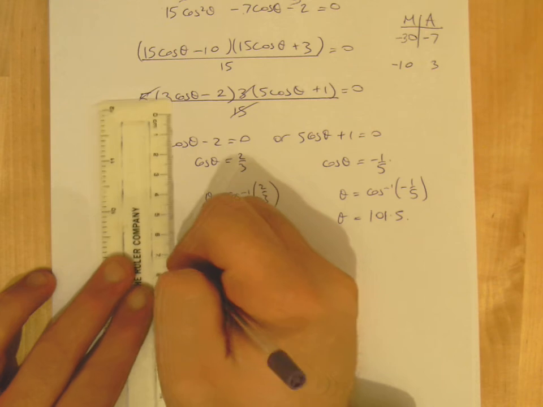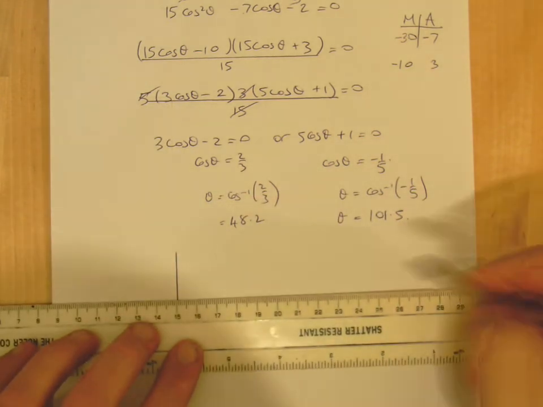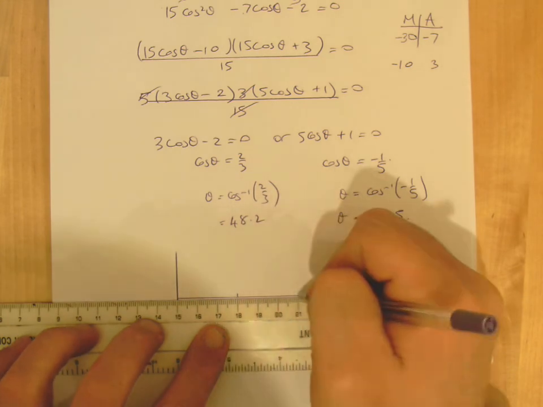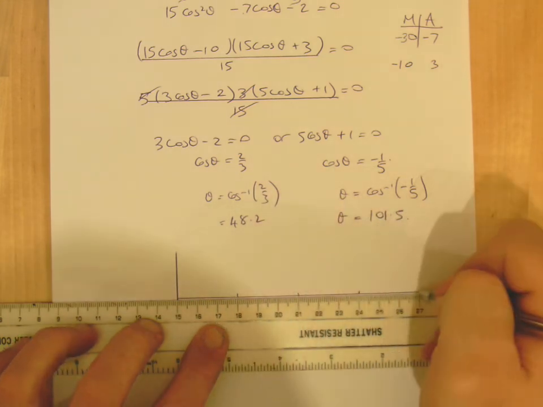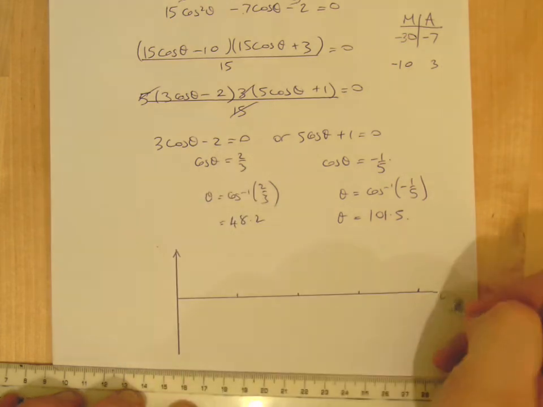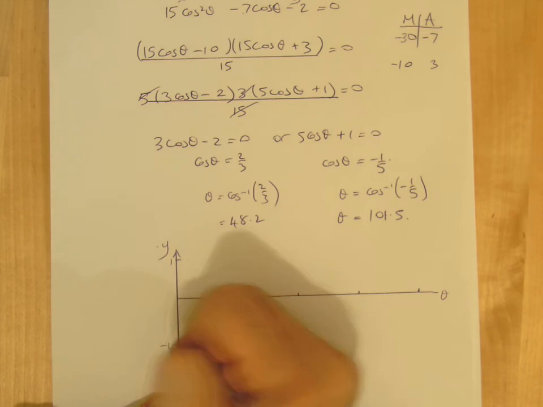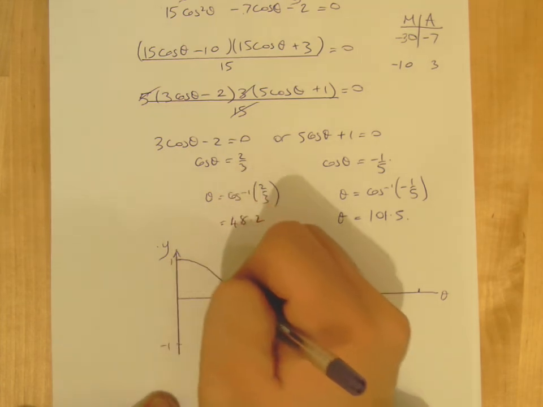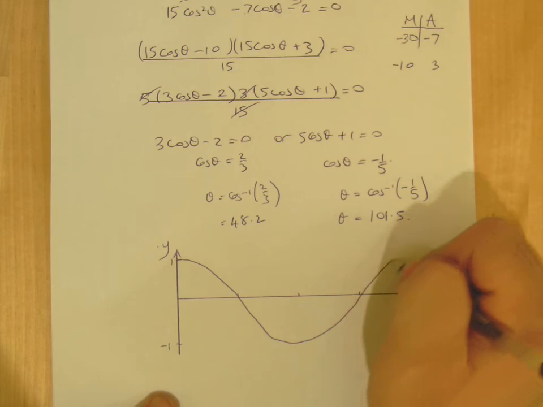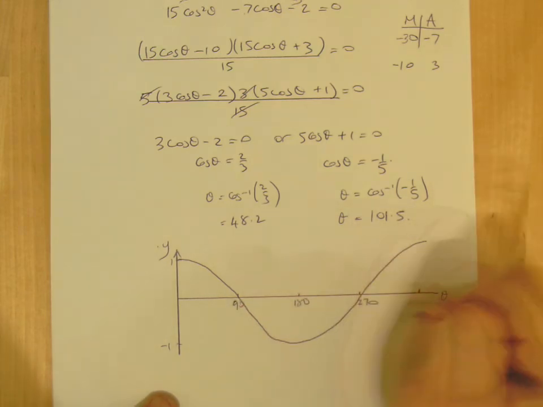So you need to draw your cos graph. We can work out then all the solutions between 0 and 360. When you draw your cos graph, maybe mark it out every few centimeters, going up in 90s. So we've got theta here, y there, 1 and minus 1, and you've got 90, 180, 270, 360.